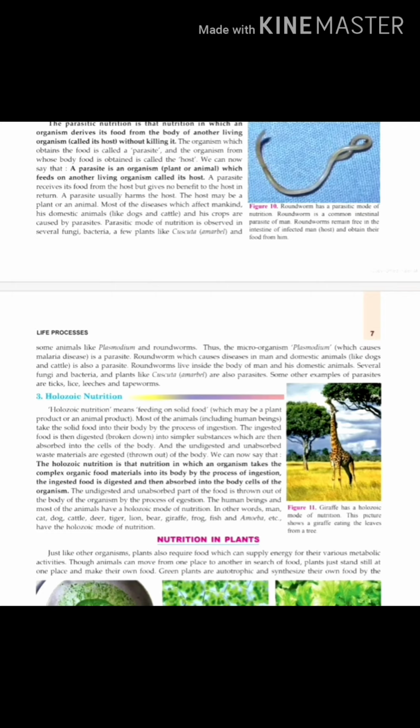A parasite receives its food from the host but giving no benefit to the host in return. वो खाना तो ले रहा है बट जिसके अंदर से वो खाना ले रहा है उसे कोई बेनिफिट नहीं होगा. So you can all read this. There is only written that how organism take its food from the another body in parasitic nutrition.